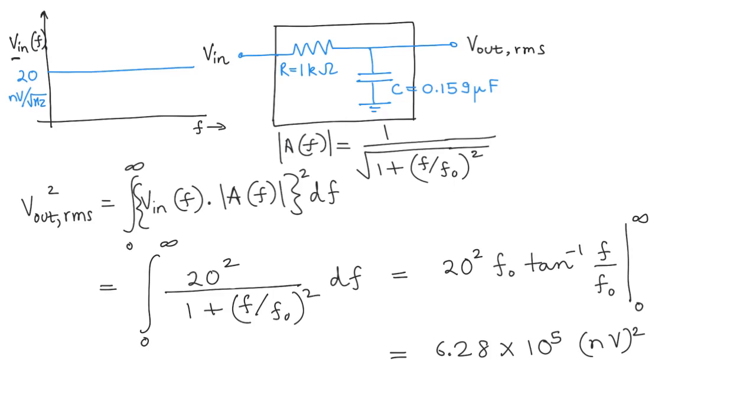And so you get this, and from here you can write your V out RMS equal to, and it's basically a square root of this value, and what you get is 0.79 microvolts as the RMS value. Hope that is all right.